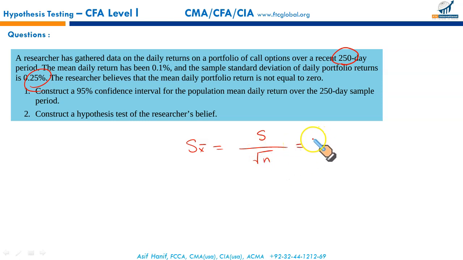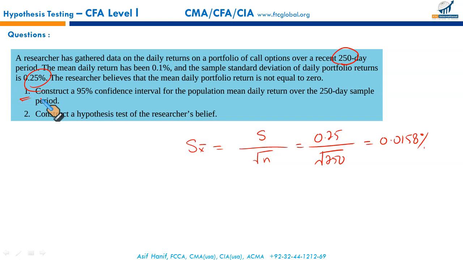So it's going to be 0.25 upon square root of 250. So it's going to give you 0.0158%. Okay, we are just doing the first part of the question.